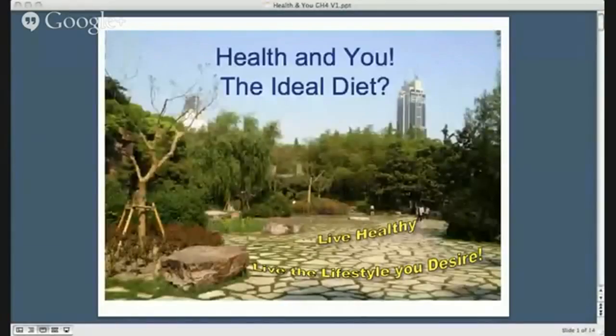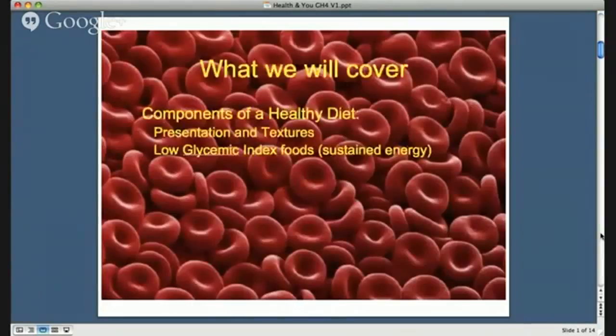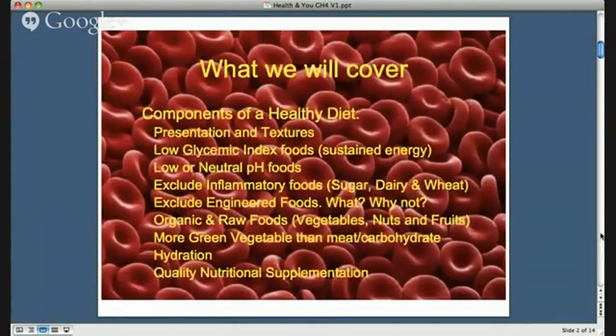I've got a fair bit of information that I wanted to share with you today, so it'll be fairly quick, fairly shallow in content. So let's get going. The context of today is the components of the ideal healthy diet.